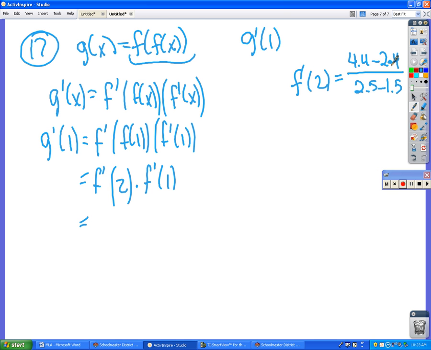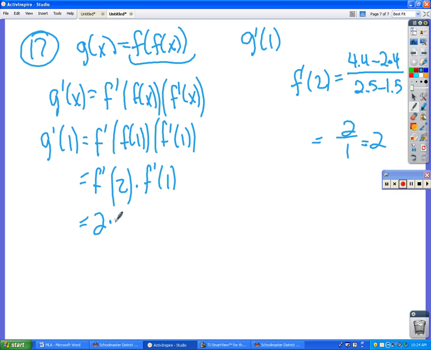Because I'm taking the slope of that curve at 2 points very close to the point that I'm interested in. Does that kind of make sense? So I'm basically using the slope of the secant right around 2 to estimate what the slope would be at 2. So 4.4 minus 2.4 is 2. That's 1, so that's going to equal 2, approximately.